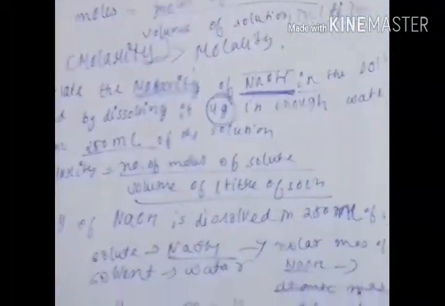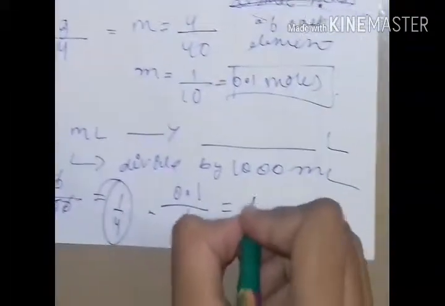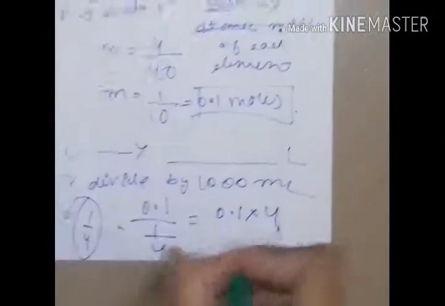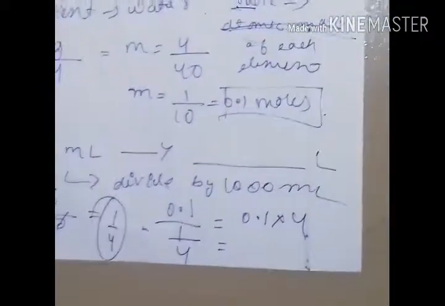So according to the formula, how many moles of solute did we get? 0.1. And how many liters did we get? 1 by 4. So when we calculate it, we get, any guesses?